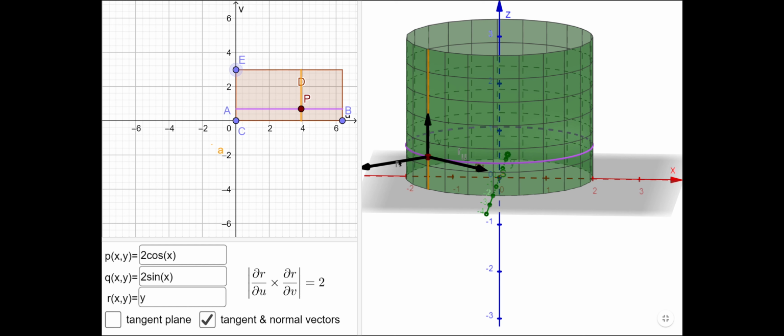You can probably see the small n over here. And this is r theta here, and this is rz over here, right? So r theta cross rz is going to give you a normal vector, right? So our formula for getting the normal vector at any point is using r theta cross rz.